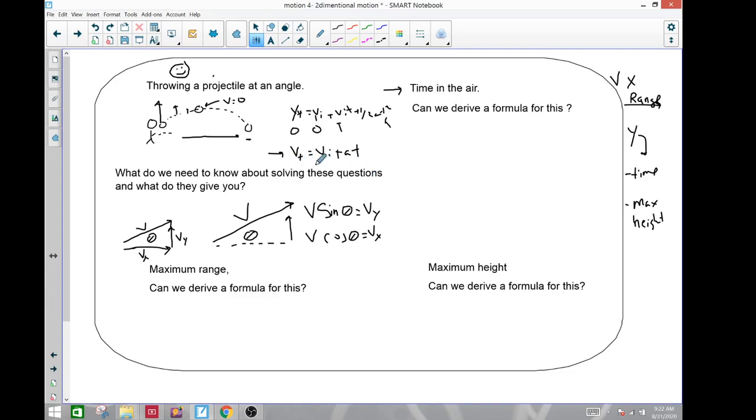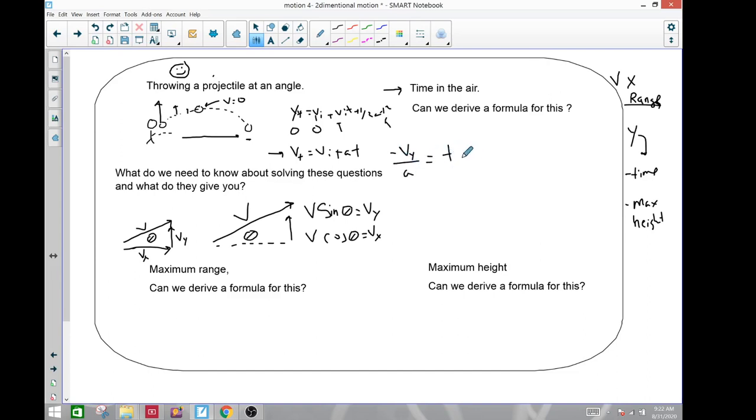But for this one I'm going to go with the other formula, simply v final equals 0. So negative v initial in the y direction, divided by the acceleration of gravity, equals the time I'm in the air.